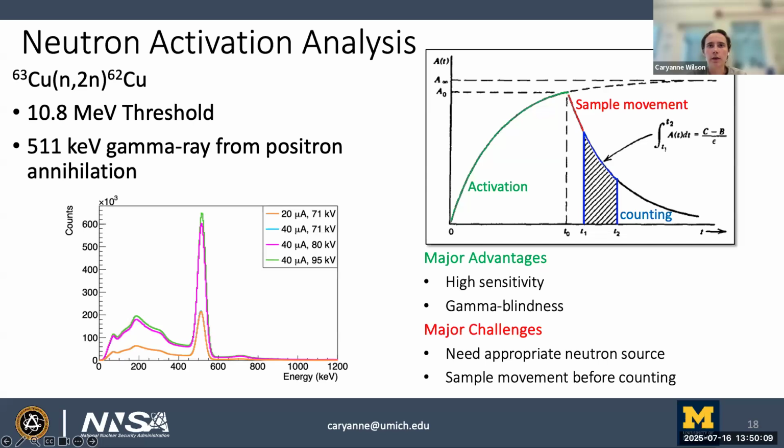That is used for those applications to make sure that you have the most accurate calculations possible. And you can also use it just for generator calibration for active interrogation.